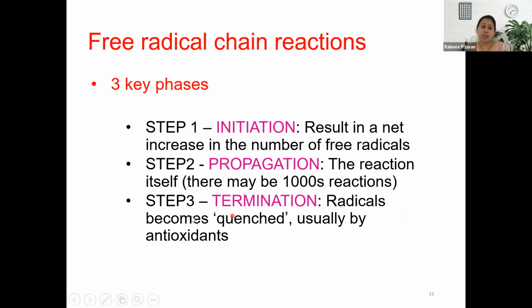And in step 3, this chain reaction can be terminated, and this step is called termination. And how can it occur? It can occur by the presence of any antioxidant or any antioxidation process inside our body. So in this way, it can be terminated by neutralizing these free radicals.